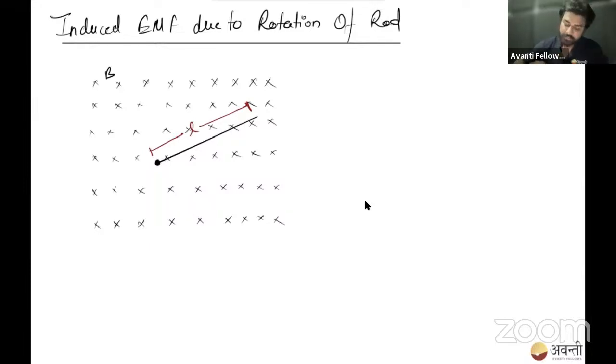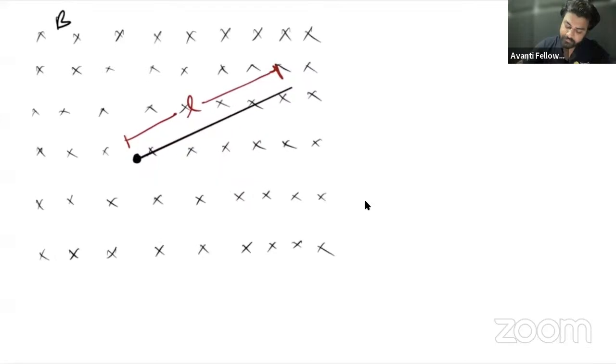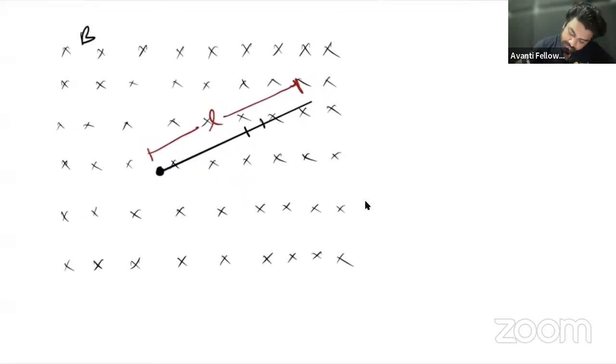Listen very carefully. Let's say in a small section dr at a distance r, a small battery is formed. For the direction of the battery, use the palm rule. The velocity is downwards, and let's say it is moving with angular velocity omega.